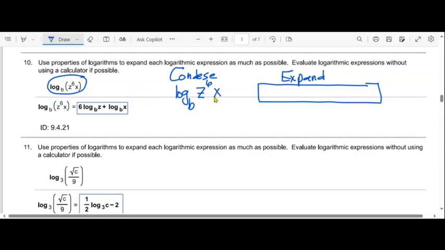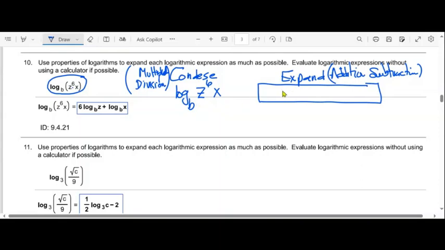When you see multiplication or division, it is going to be condensed. But if you see addition and subtraction, then it's going to be expand. So he wants you to expand this.